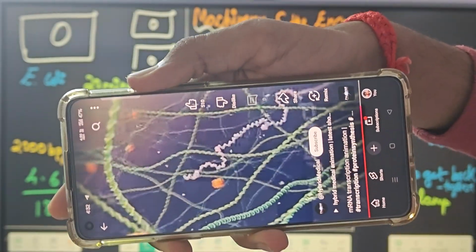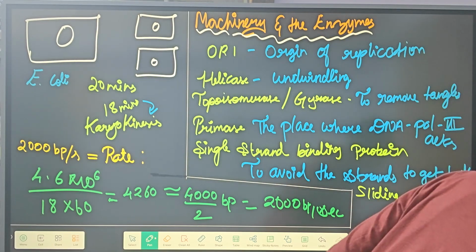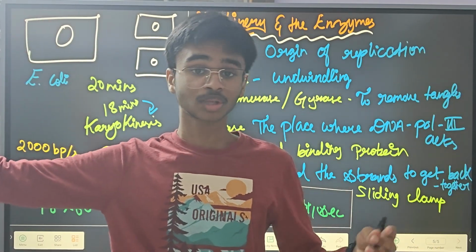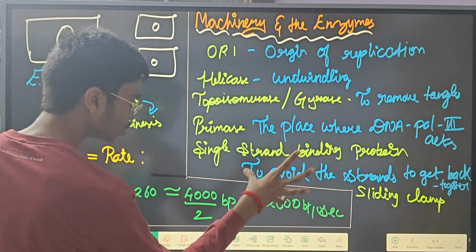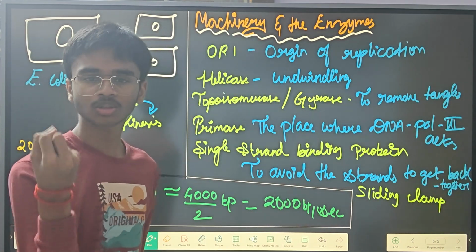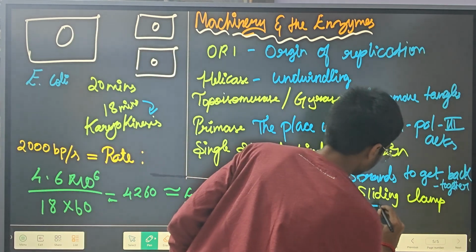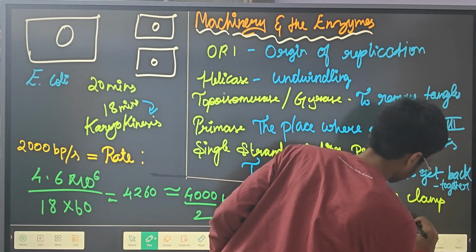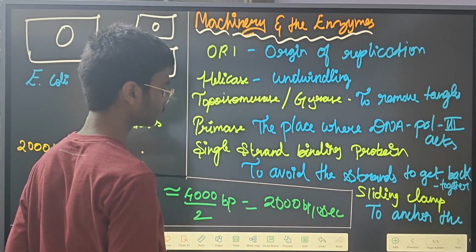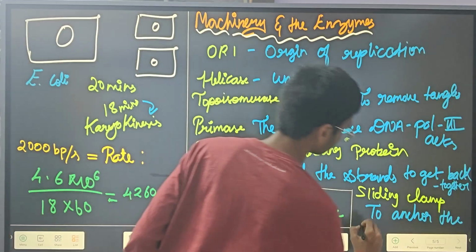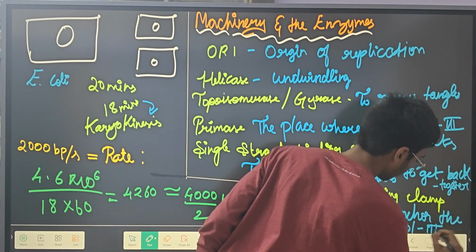Since it is this amazing, that DNA polymerase should not just slide off and fly off like that. Since it's moving at such a speed, it cannot just fly off, right? So to clamp it, to anchor it, we are using this sliding clamp to anchor DNA polymerase 3.